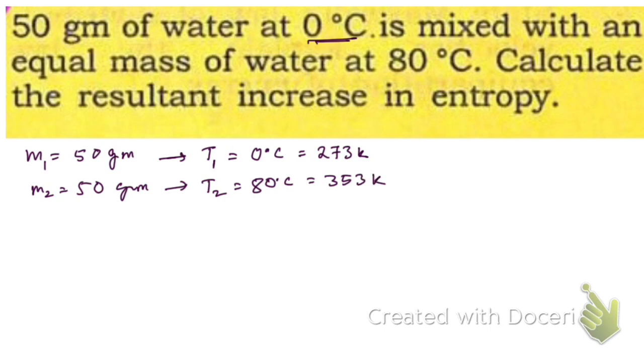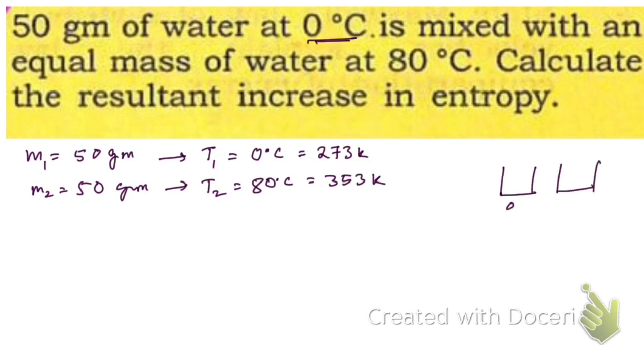Let me check. Yeah, that's correct, 353. Okay, so now you see, when mixed waters at different temperatures are mixed, one at 0 degrees Celsius and another at 80 degrees Celsius, suppose you have 2 cups here containing 50 grams of water.